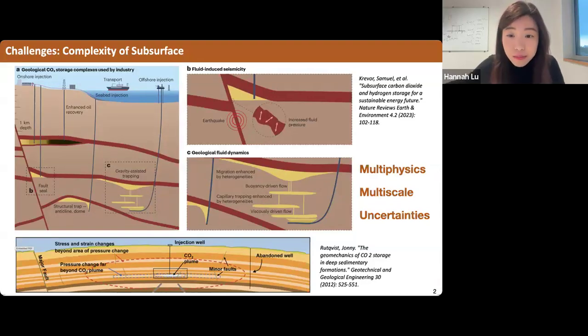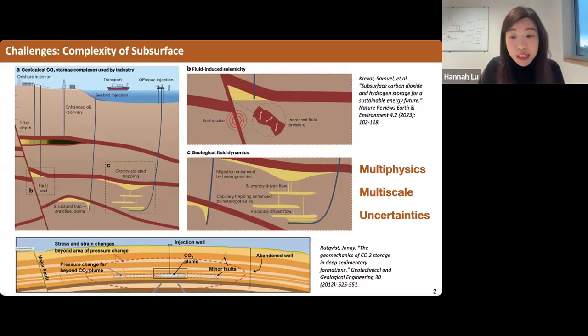Here we see different driving forces near the wells. It will be injection-driven flow, and on a much smaller scale, there might be buoyancy-driven flow or viscosity-driven flow. And here it also shows the very different scales in the system. The CO2 plume is on a local scale, the pressure changes on a much larger scale, and the geomechanical changes go even far beyond the pressure change area.